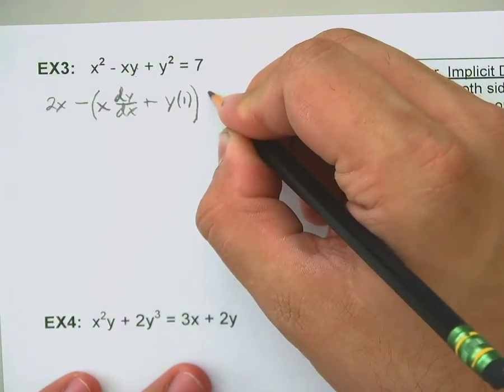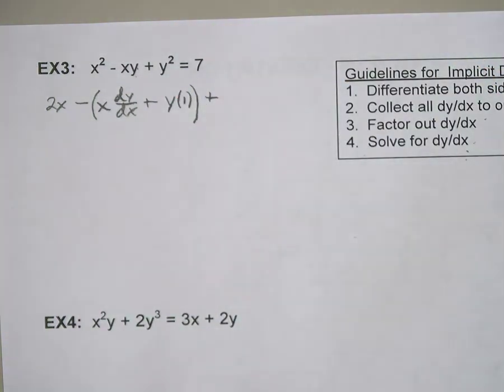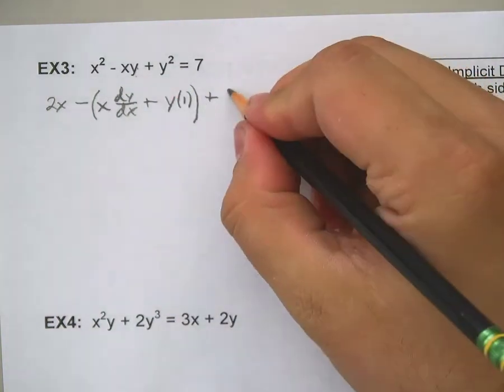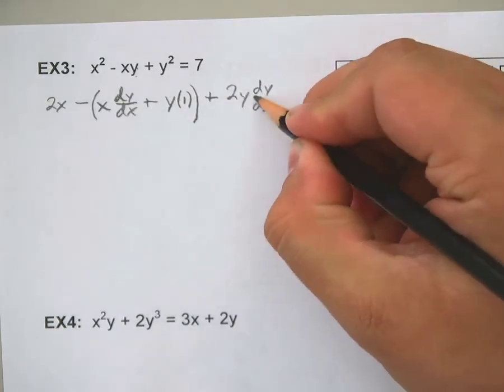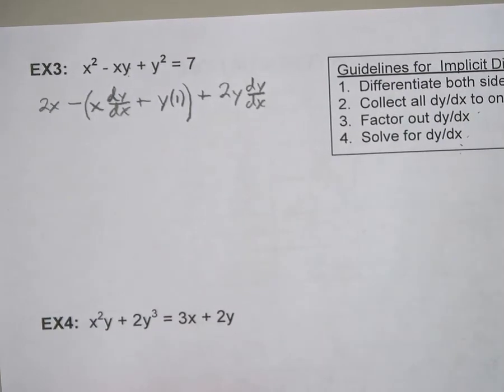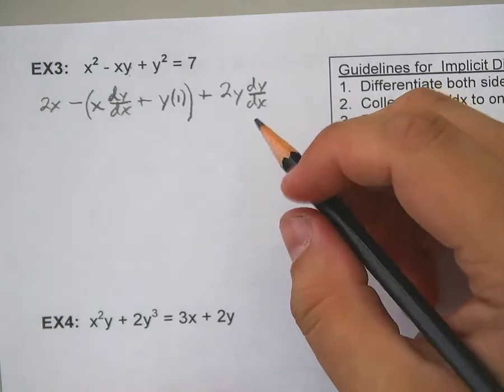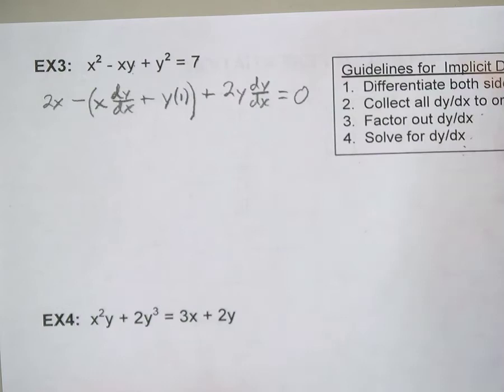Okay? And then plus, I've got my y squared here, so I'm going to take the derivative of that. It's going to be 2y dy dx. So I take the derivative, which is 2y, and then I compensate with a dy dx. And then on the right-hand side, the derivative of 7 is 0. Yay!